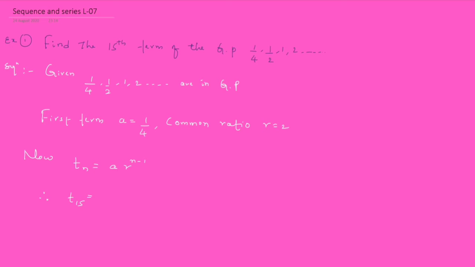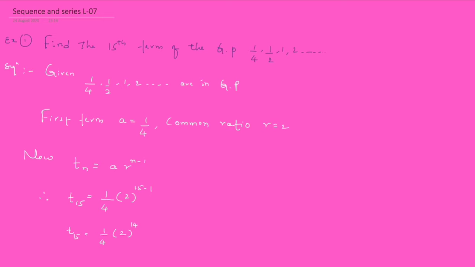T15 is 1 by 4, where a is the first term, times r, the common ratio, which is 2, to the power of n minus 1, that is 15 minus 1, which is 14. So T15 equals 1 upon 4 times 2 to the power of 14, right?